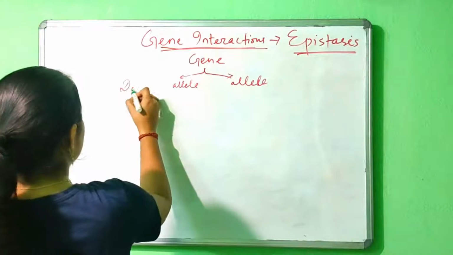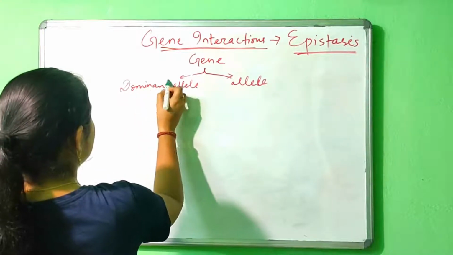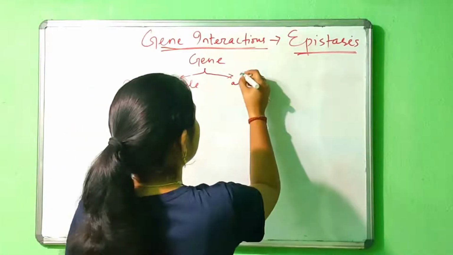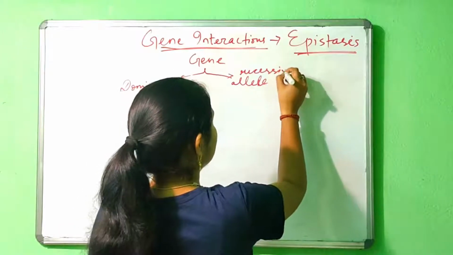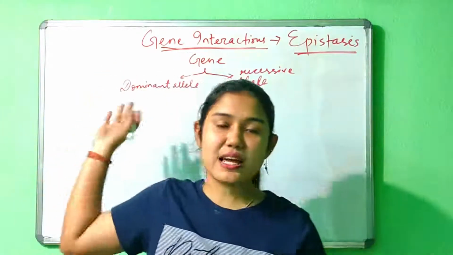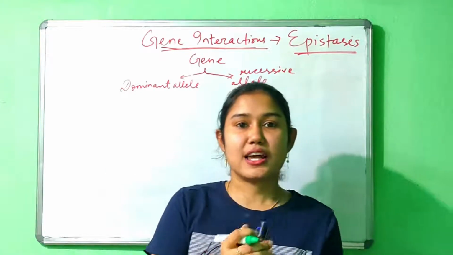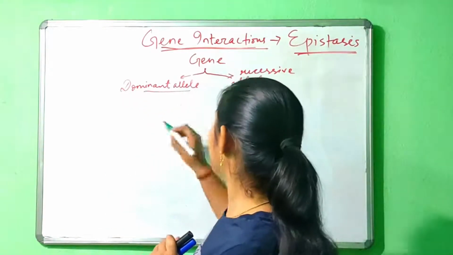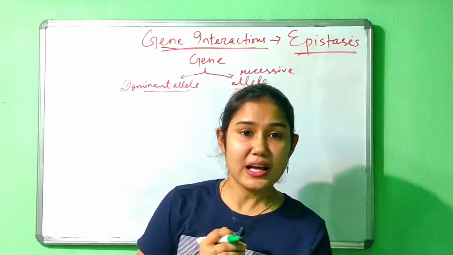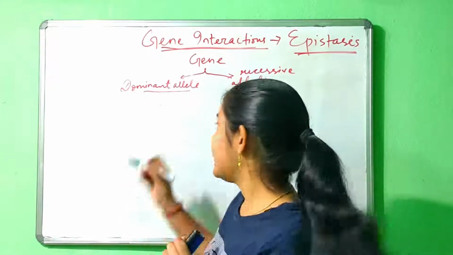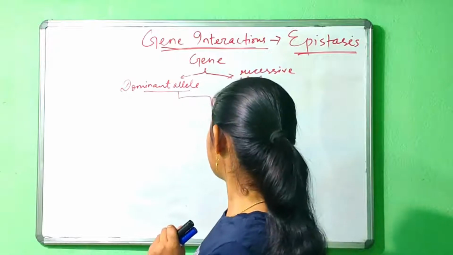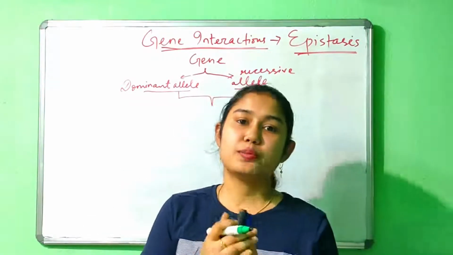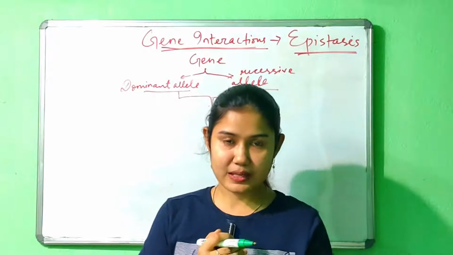One allele is the dominant allele, and the other allele is the recessive allele, right? This we have studied in Mendel's law of inheritance, that one allele will be dominant and one allele will be recessive. And these two alleles of a gene interact to produce a phenotypic trait, right?